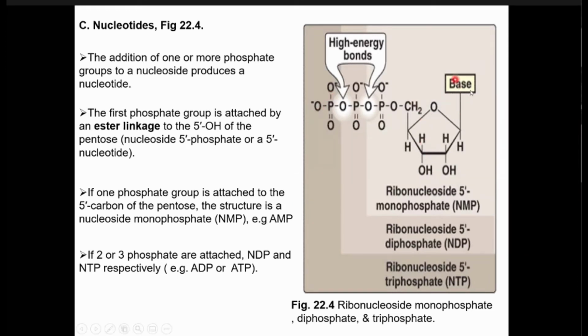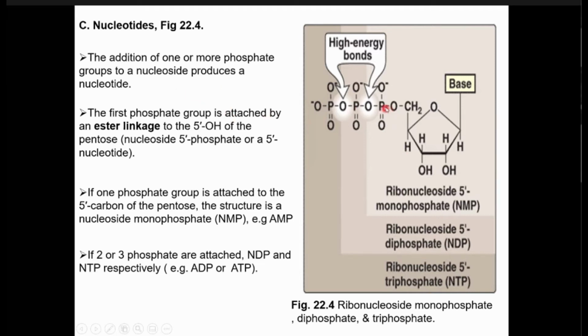This is about the nucleotide. You have your base, you have your sugar. These two are the nucleoside. When you add a phosphate, it becomes ribonucleoside monophosphate. If you add another phosphate, it becomes ribonucleoside diphosphate. If you put three, it becomes ribonucleoside triphosphate. So the addition of one or more phosphate groups to a nucleoside produces a nucleotide.